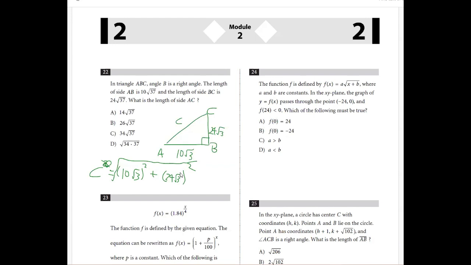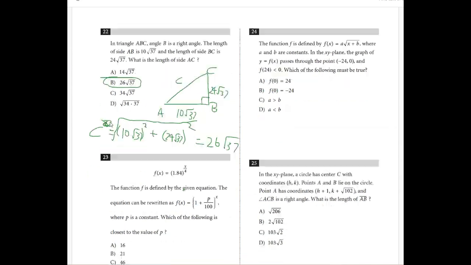So if I take the square root of this, it becomes 26 root 37. So, oh, sorry, it should be. So 26 root 37. So B is the correct answer.